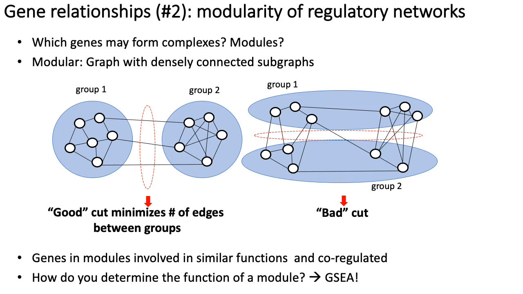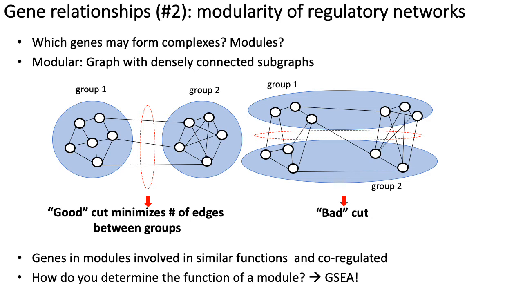The way groupings are typically scored by these methods is, when you take a graph and separate it into two potential groups, one way that division into communities is scored is by asking the question: if I separate my nodes into these two groups and I cut this graph, what is the minimum number of edges that I have to cut in order to completely separate the two defined groups?